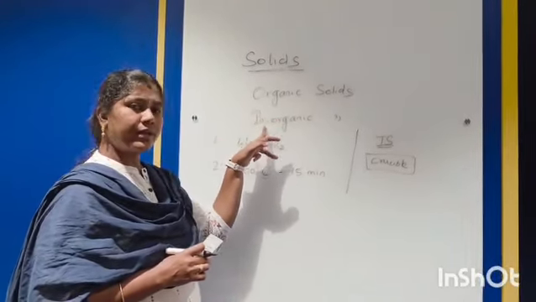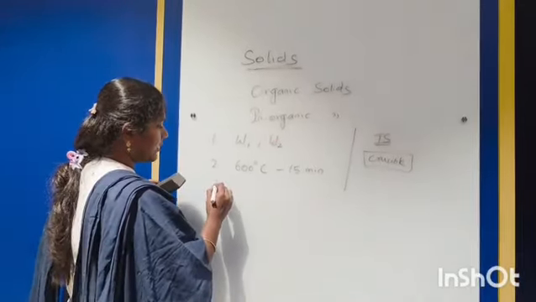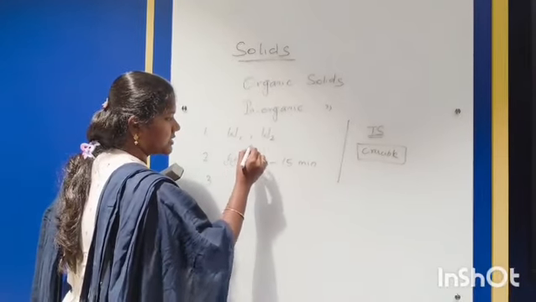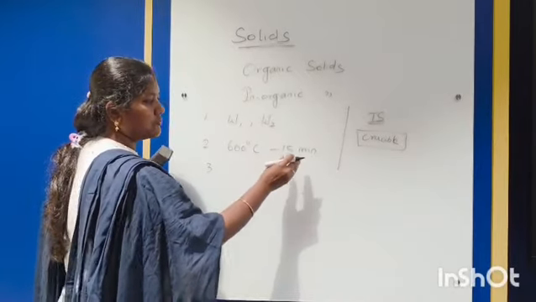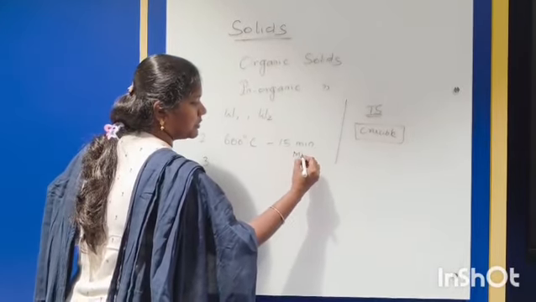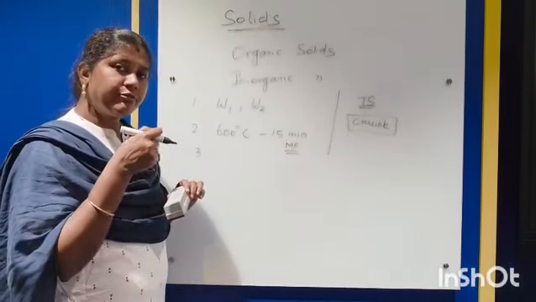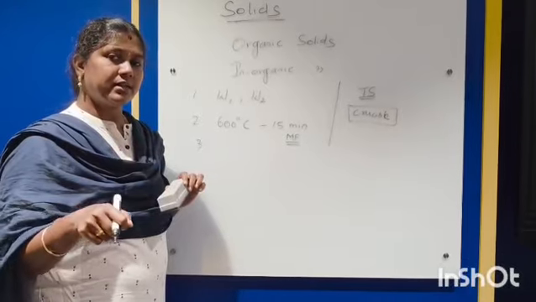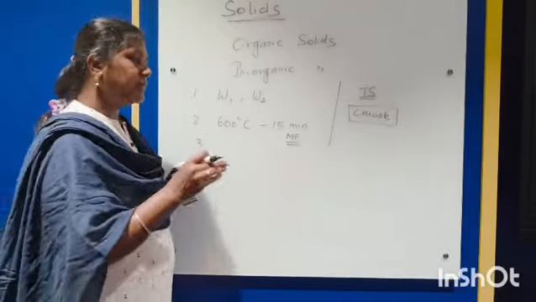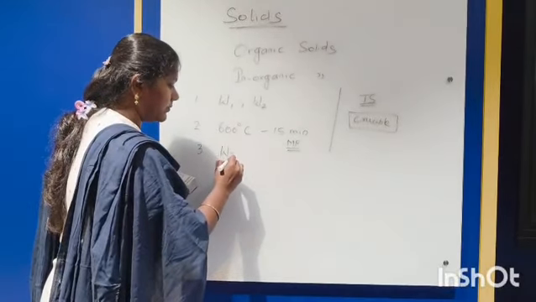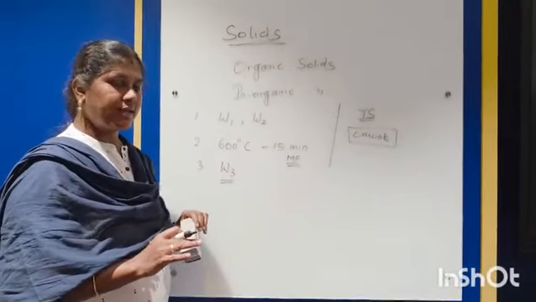And the remaining inorganic or fixed solids will be inside the crucible. After 15 minutes in the muffle furnace, using tongs, it should be carefully taken out and kept in the desiccator. After cooling, the crucible will be weighed and that will be noted as W3. So this W3 indicates the fixed solids or inorganic solids.